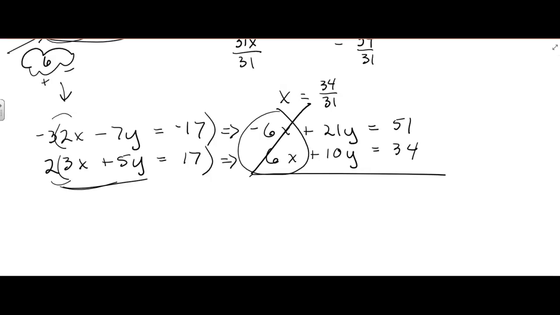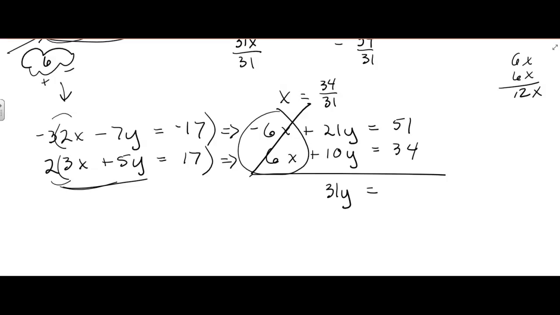A common mistake here is people don't make one of them negative. They have 6x and 6x. That doesn't cancel. 6x and 6x, that makes 12x, not 0. So you have to make sure one's negative and one's positive. Okay, but we did. All right, 21y and 10y is 31y. Now, when we get that same coefficient, it's a comfort.